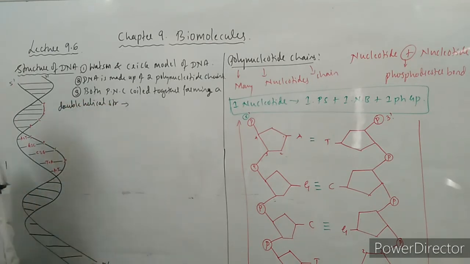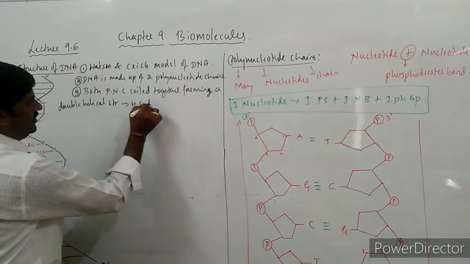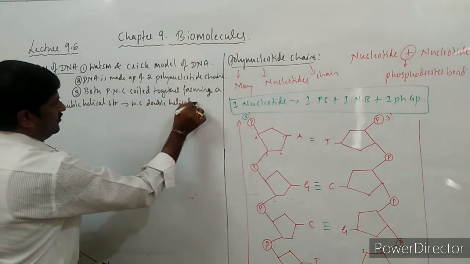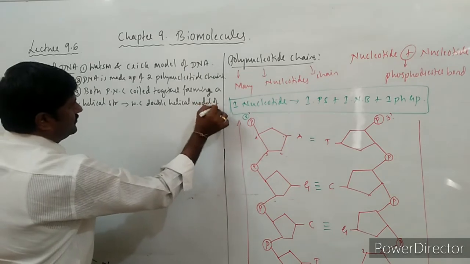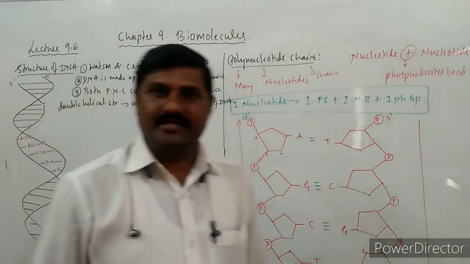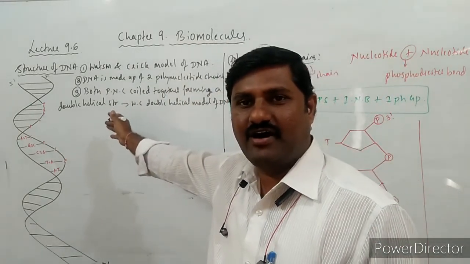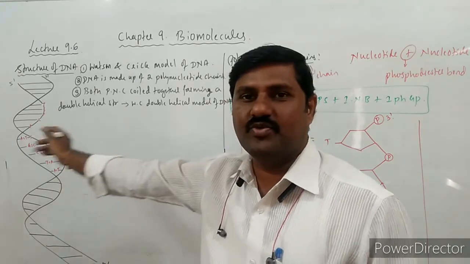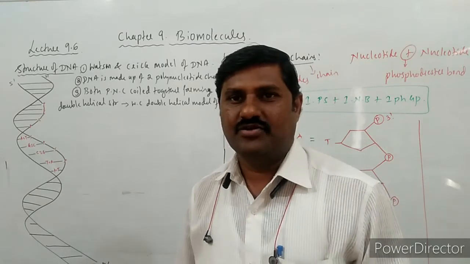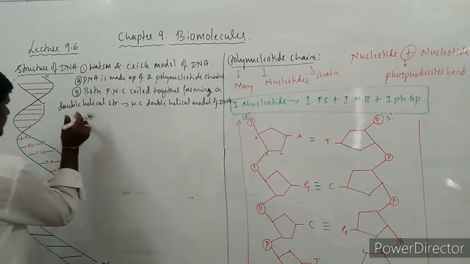Hence the model of DNA is called Watson and Crick's double helical model of DNA. Why? Because both the polynucleotide chains coil around each other, and so form a double helical structure.